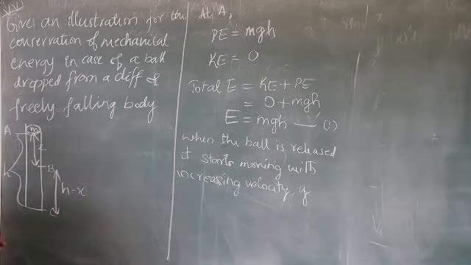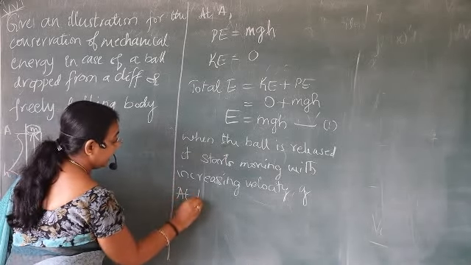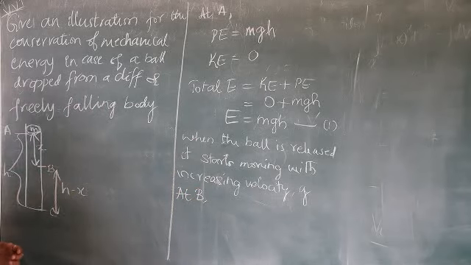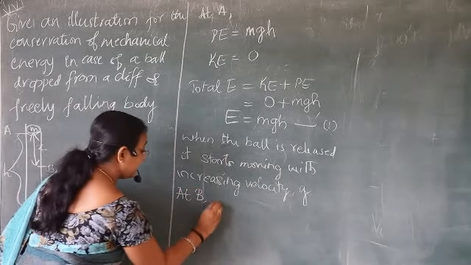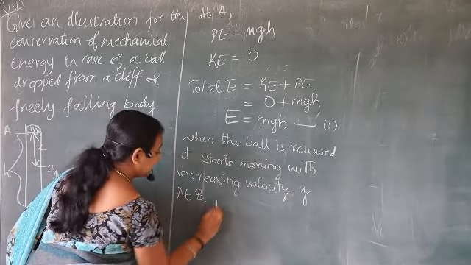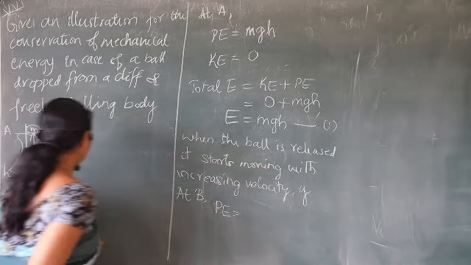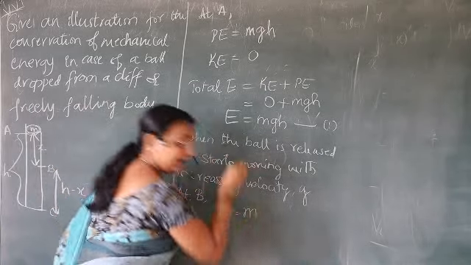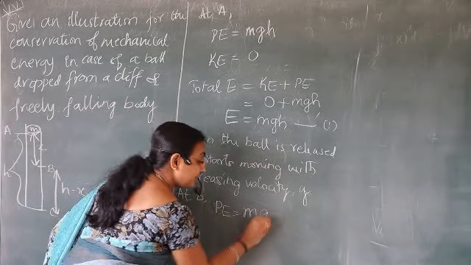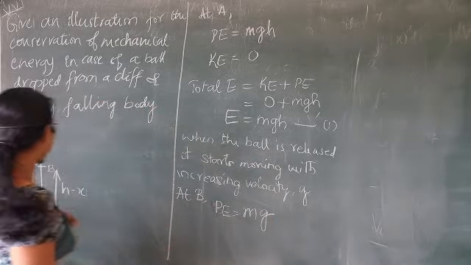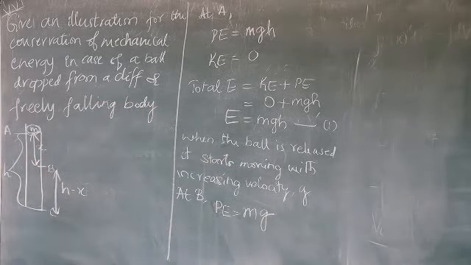So when it reaches the point B, what about the potential energy at B? Potential energy is equal to mass m, acceleration due to gravity g. What about the height at the point B?